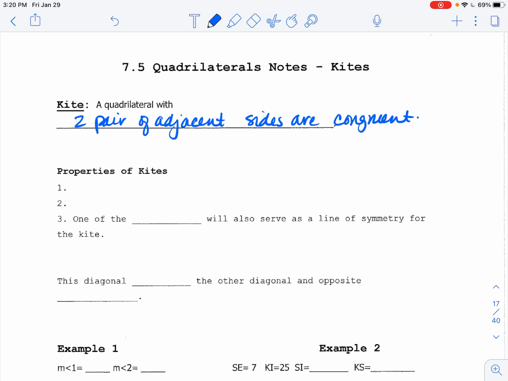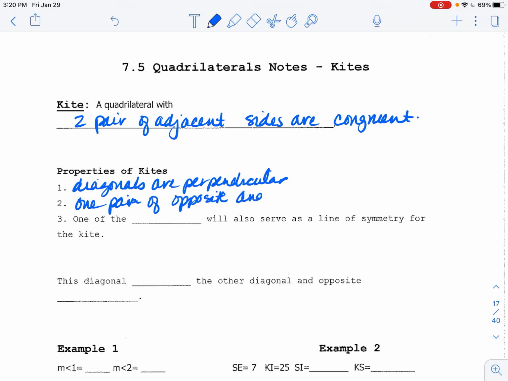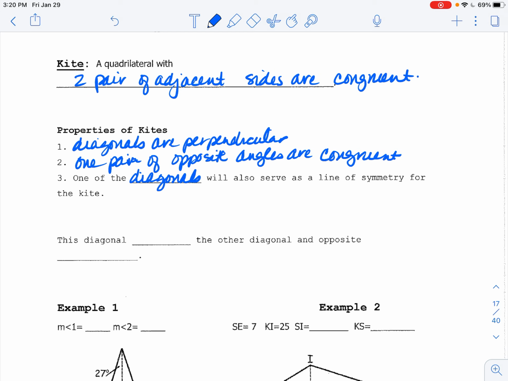So the properties of a kite are that diagonals are perpendicular, one pair of opposite angles is congruent, and one of the diagonals will also serve as the line of symmetry for the kite. This diagonal is going to bisect the other diagonal and the opposite angle.